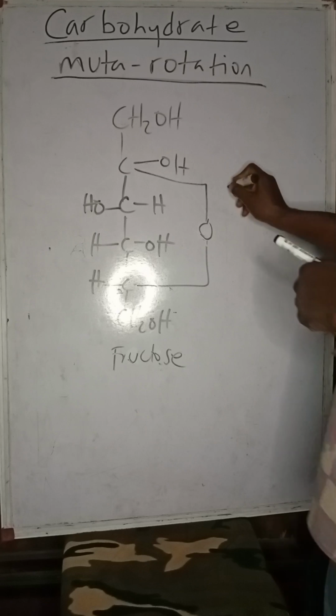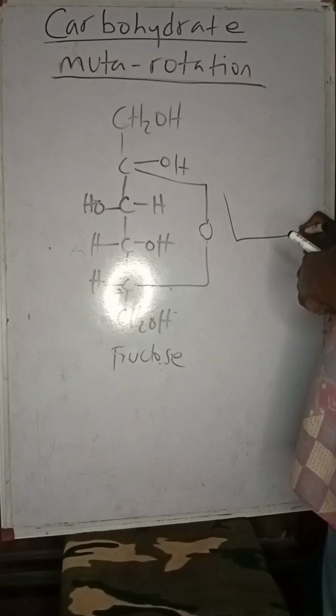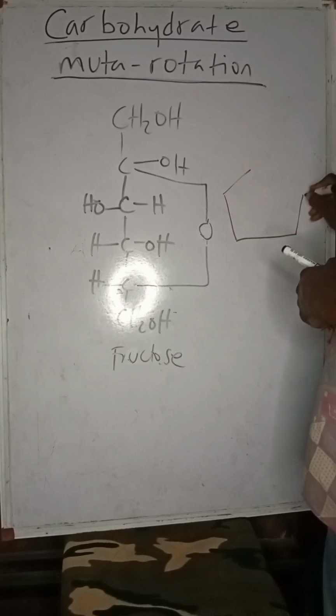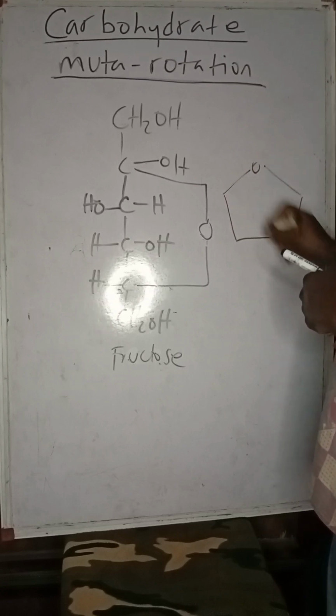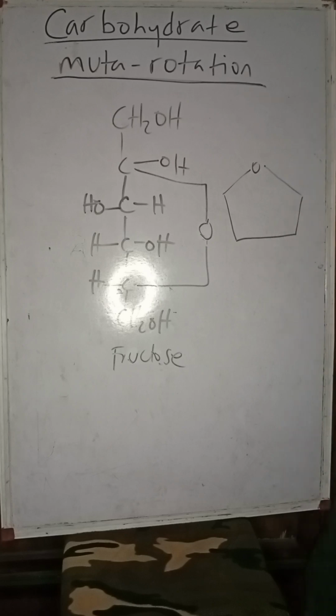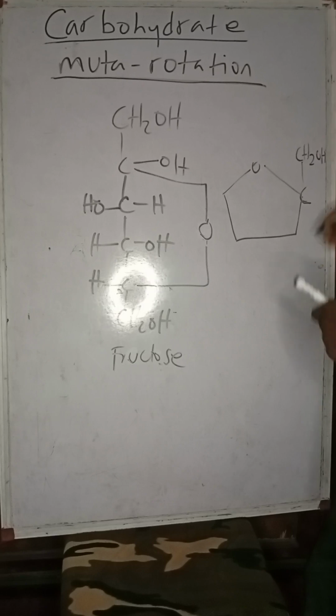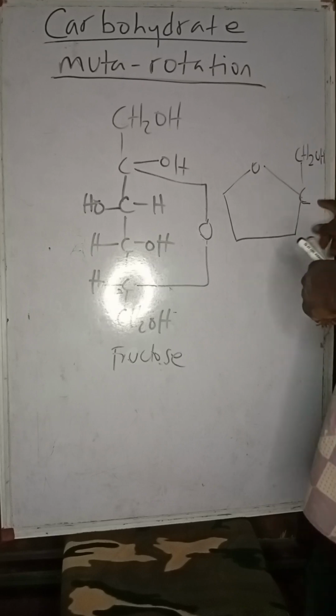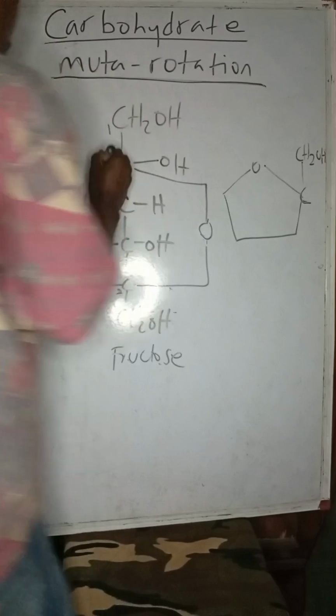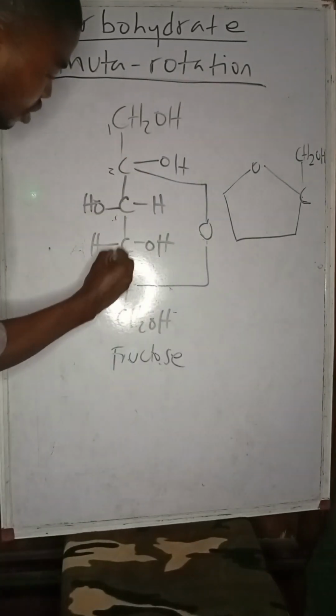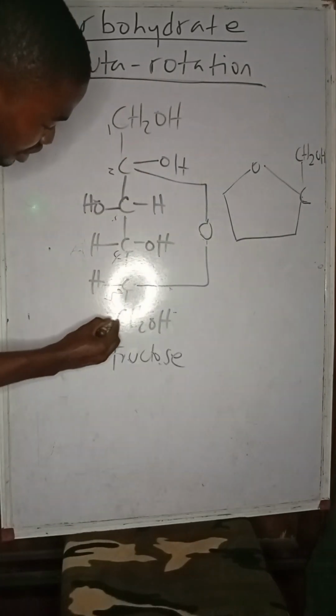So we're going to have something like this. This is the anomeric carbon, and the anomeric carbon has a CH2OH, and that is usually carbon 2. So this is 1, 2, 3, 4, 5, and 6.